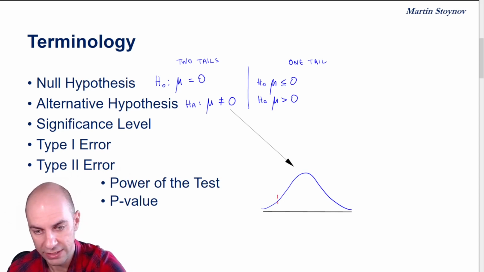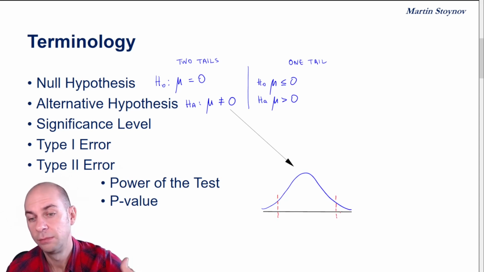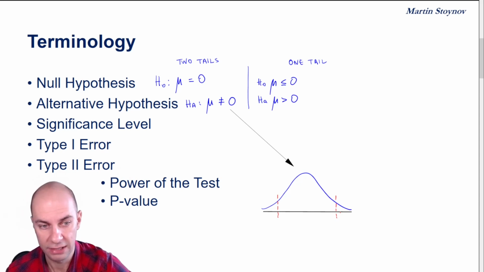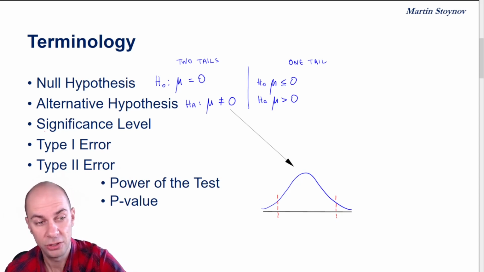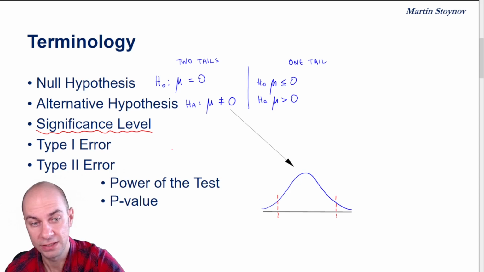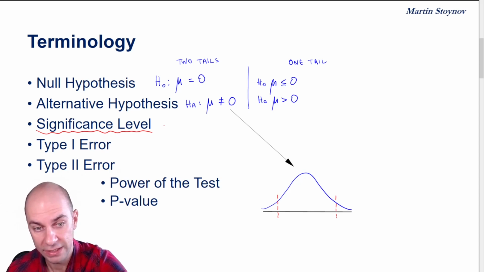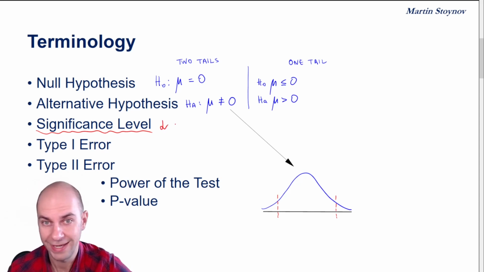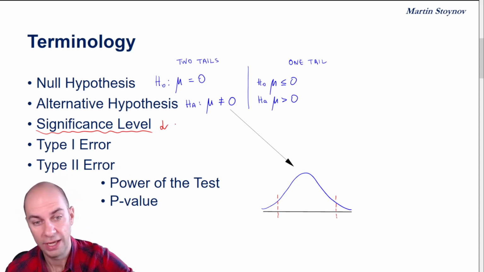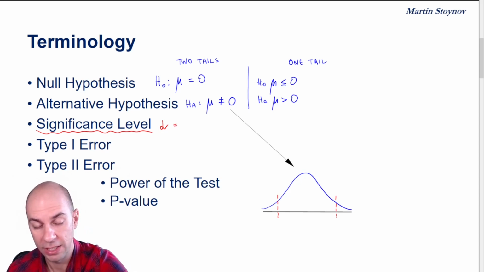So I'm going to have a tail here and I'm going to have a tail here. And there'll be certain probabilities in this tail. Now, these probabilities are known as the significance level. And the significance level is denoted as alpha. And alpha is sometimes expressed as 1 minus confidence level, right?